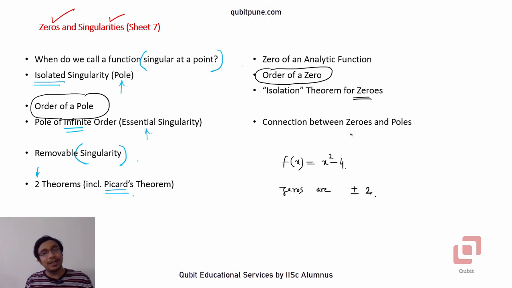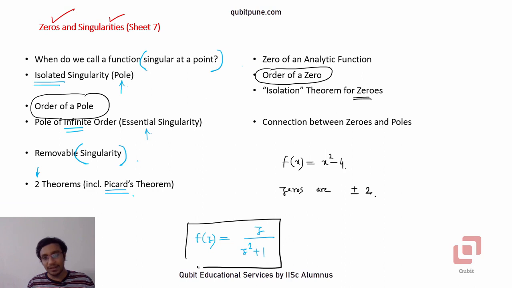Now at last we'll talk about the connection between the zeros and the poles, and the reason is quite often we encounter situations where the function is not defined because the denominator of the function consists of terms which may become 0 for some values of z. For example, consider this function whose Laurent expansion we have just found out, f of z equal to z upon z squared plus 1. Now the points where the function is not defined are z equal to plus or minus i.